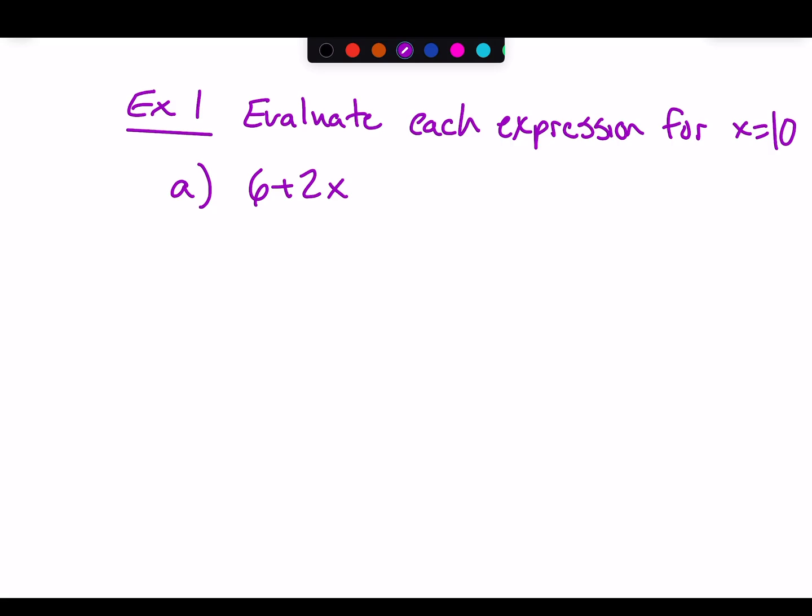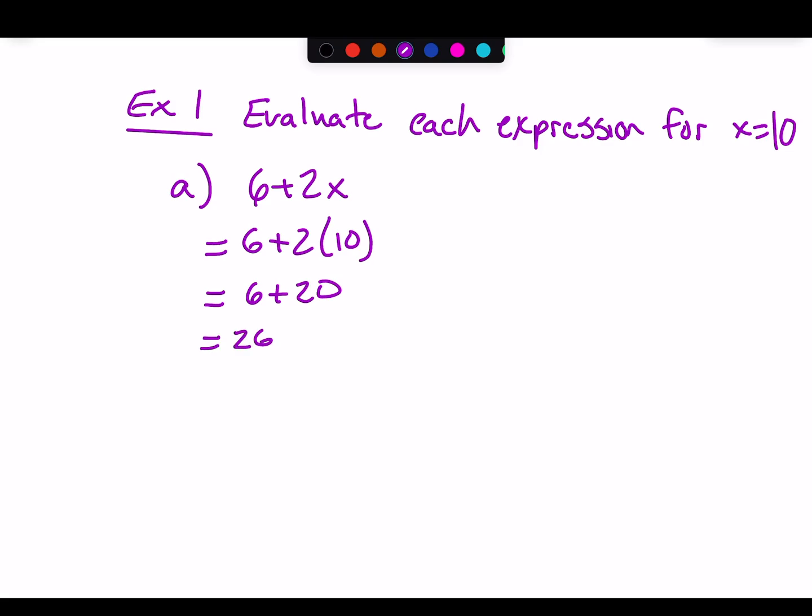To evaluate the expression, everywhere we see an x, we want to plug in x equals 10. So we plug in 10 for x, and we get 6 plus 2 times 10. Now we evaluate the multiplications from left to right. So that's 2 times 10, which is 20. And then we evaluate the additions from left to right. 6 plus 20 is 26.